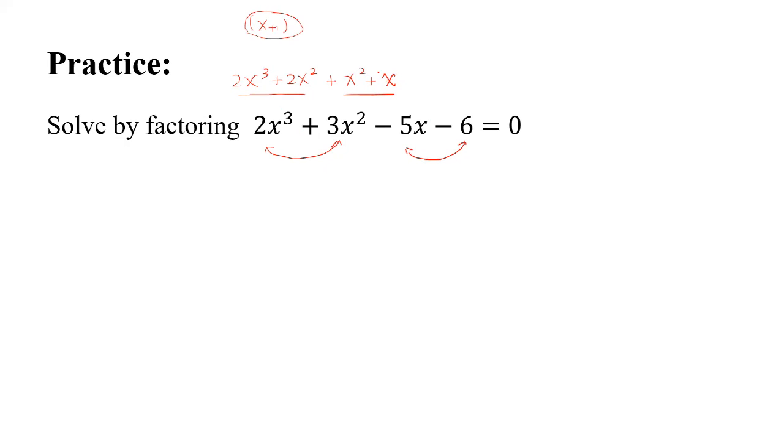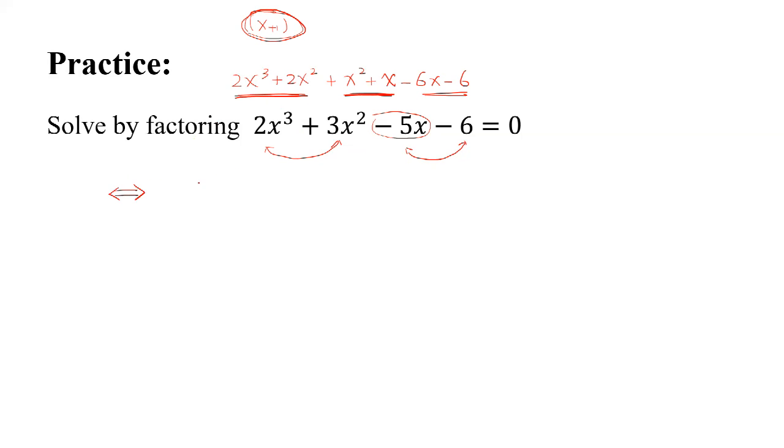So if you have a plus x here, note here, in the original expression, this is minus 5x, right? So you need to put a minus 6x here and then minus 6, right? So if you group these two terms, and these two terms, x plus 1 might be the common factor, right? So let's have a try.